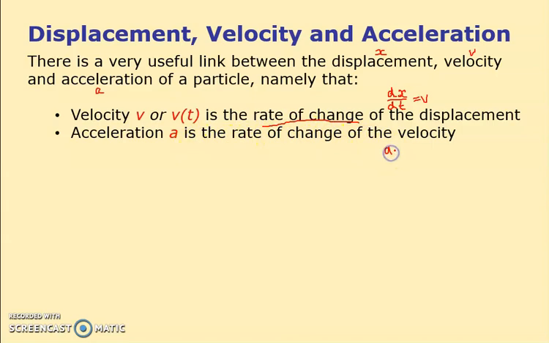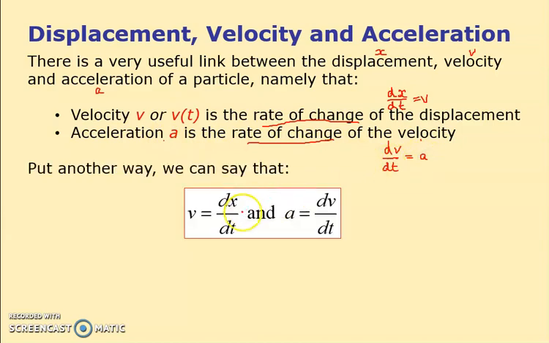So said a different way, if I differentiate the velocity with respect to time, that will give me the acceleration. And so that is what I've just said. Put another way, we can say that v is dx by dt and a is dv by dt. Write these down. It's very, very important that you know that if you differentiate the displacement, you'll get the velocity. If you differentiate the velocity, you'll get the acceleration.